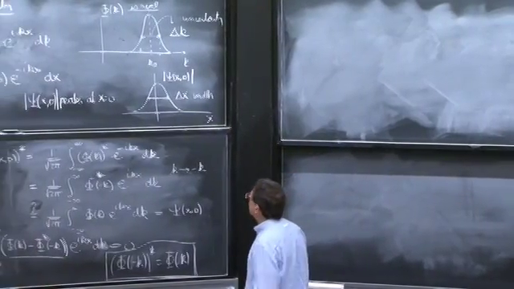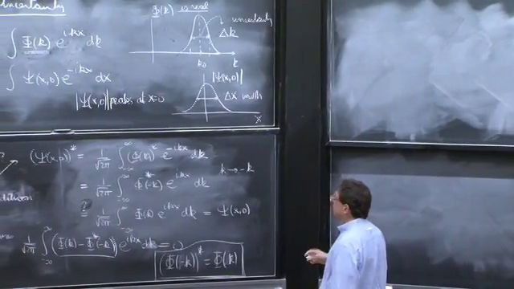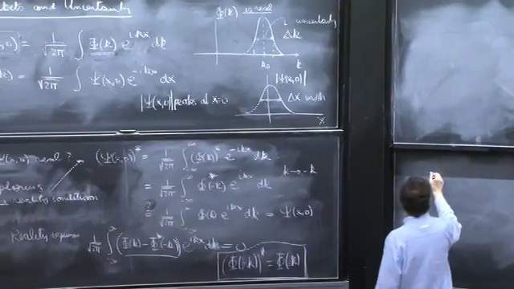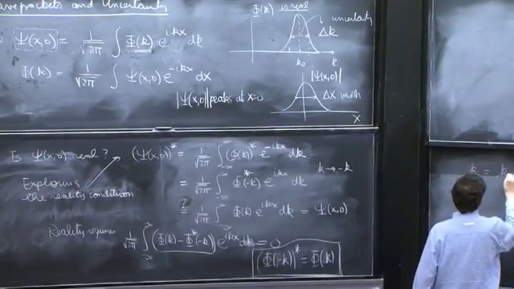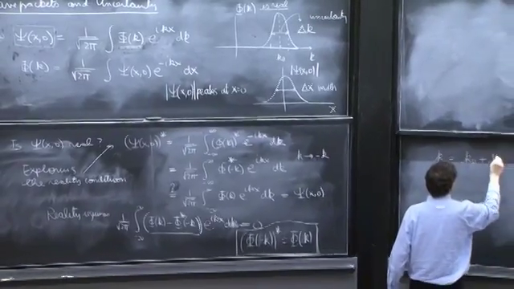So we go back to the integral. We think of k, and we'll write it as k naught plus k tilde.